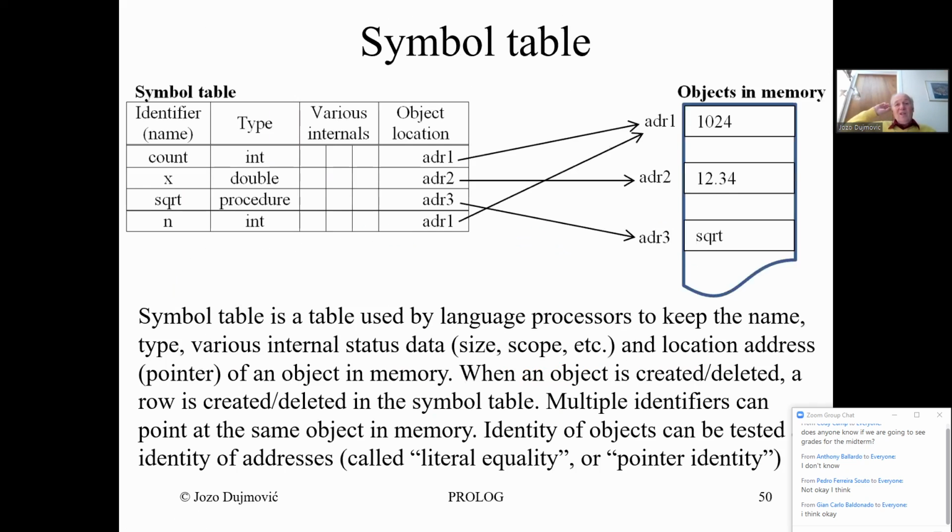Now, in this process, you instantiate variables. And instantiating variables means that a variable has a name and has the value of an object in memory. So this name is any name of a variable, like count or x or square root or n.